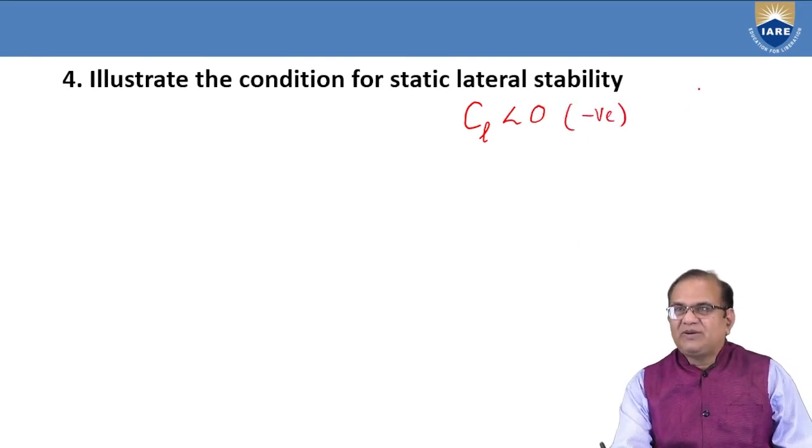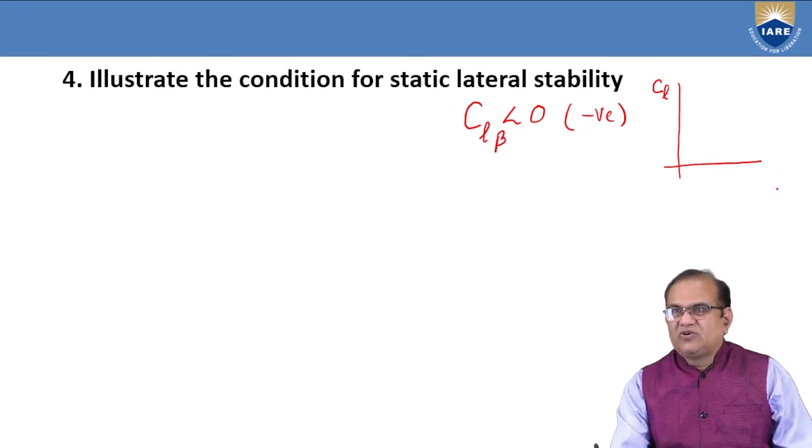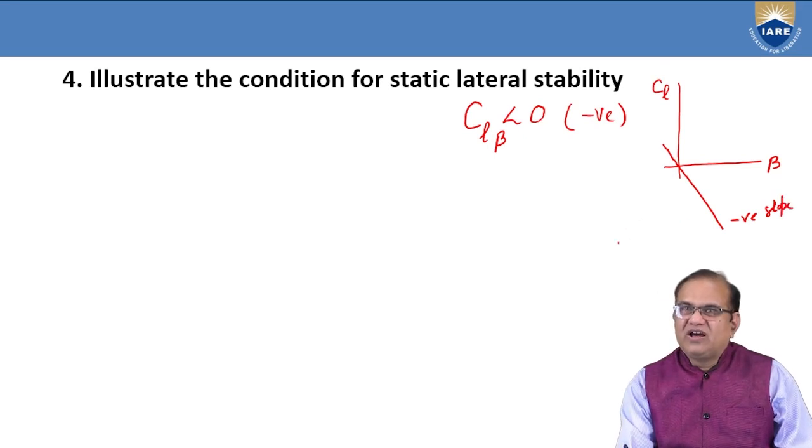So if I draw the plot between coefficient of rolling moment versus beta, the plot should go from here to here like this. This is the negative slope, and this gives the lateral stability.